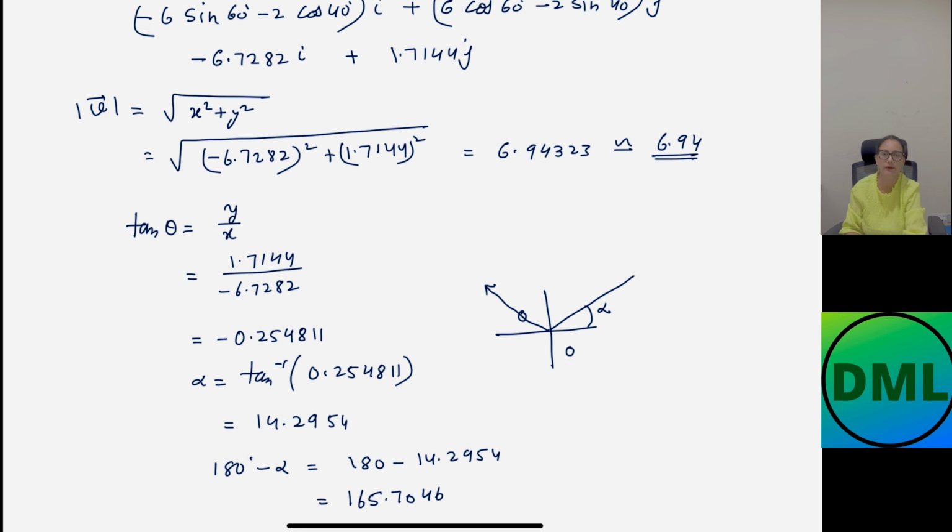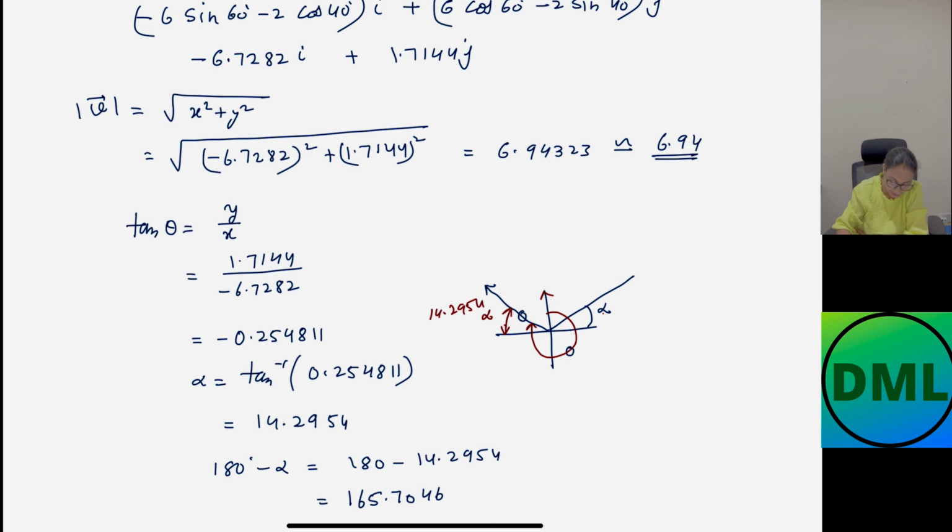But we have to calculate the bearing. The bearing will be given from the north. You have to reach here. This will be my bearing. If I calculate this answer here, how much is this one? I can add it in 270 degree and I'll get my bearing. This answer will be the same as angle alpha here. So this will be given by 14.2954.